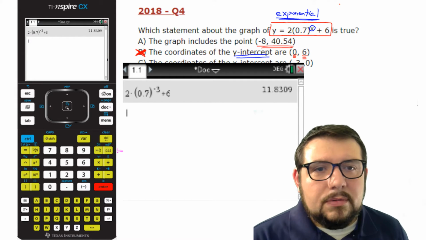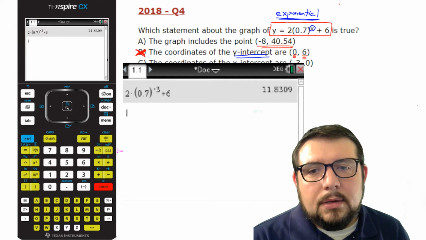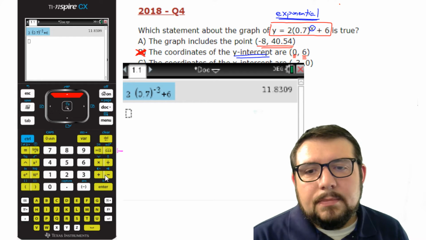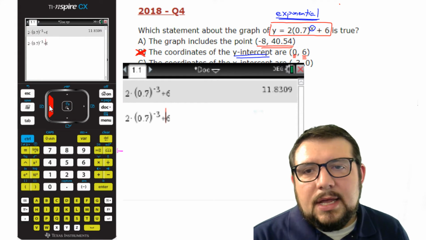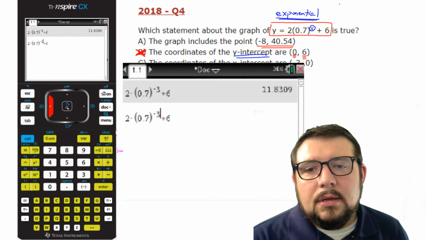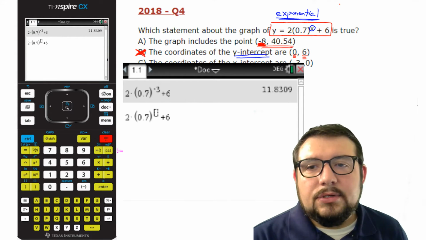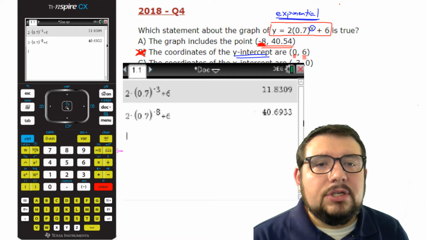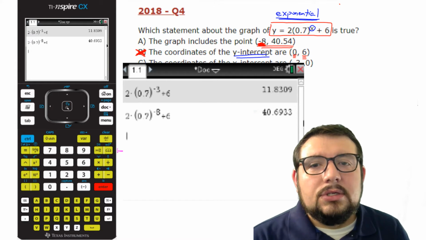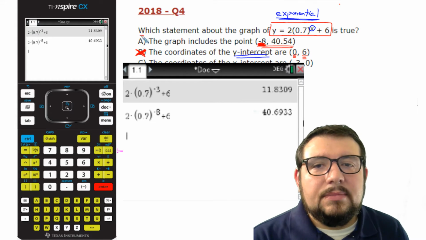Now we can make this a short thing. To check the other point, I'll go up here and take that -3 and change it to -8, so that way we can check this point too. I get 40.69 and so on, which is very, very close to this, so that seems to be effectively correct.